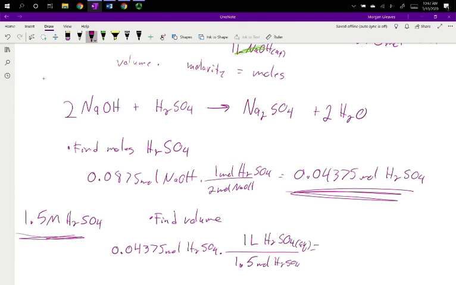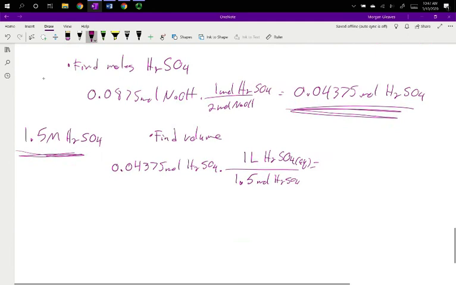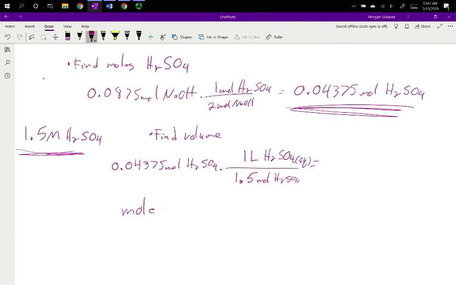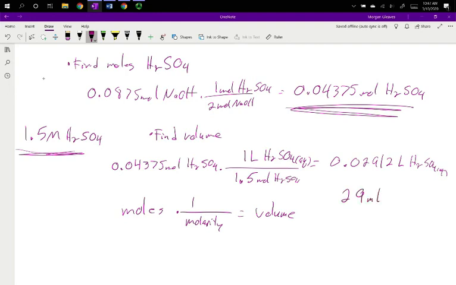So that divided by 1.5. So basically if you have your moles and you divide them by your molarity, you will get your volume. So in our case, this is 0.02912 liters of H2SO4 solution, which, since way back at the start we had 2 sig figs for our concentration, is 29 milliliters.